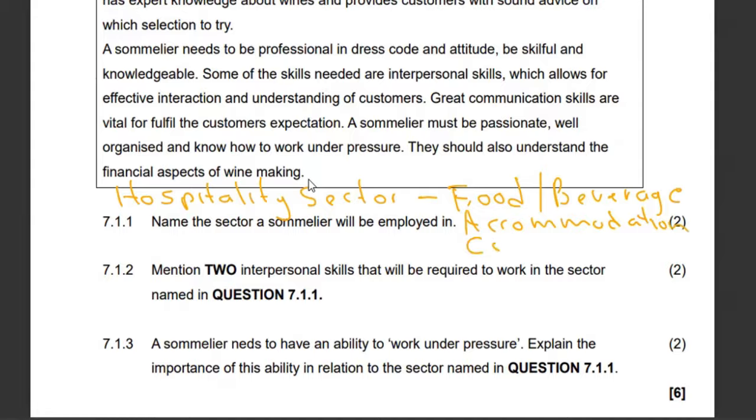Then in the cruising sector. So all these are options which you can choose. Mention 2 interpersonal skills that will be required to work in the sector named. You must have great communication skills. That is the first thing. You must be able to communicate with customers well.